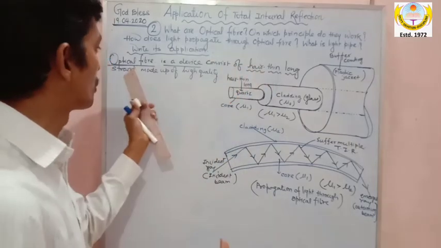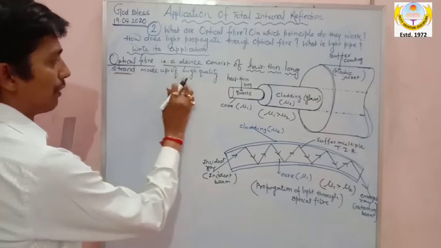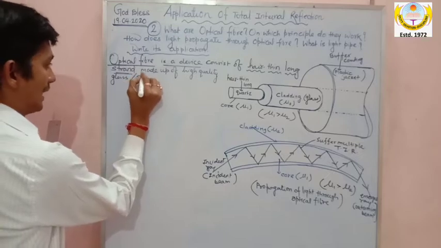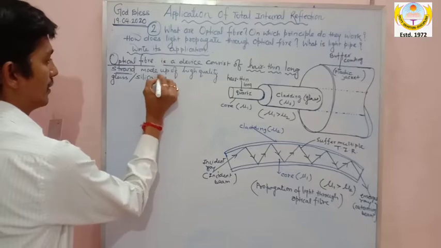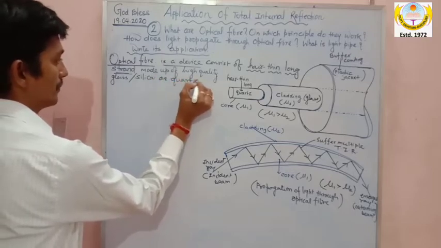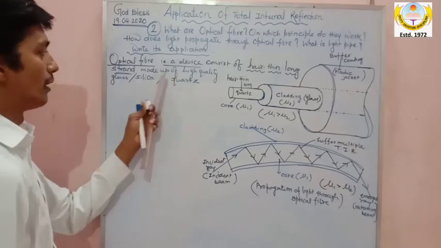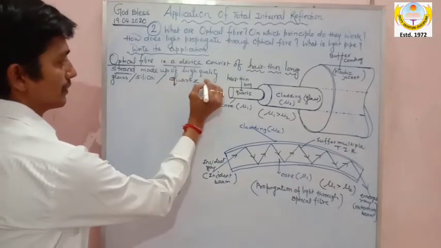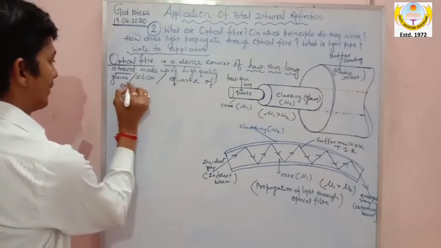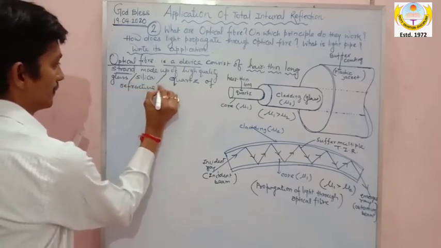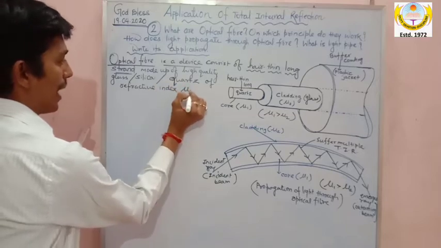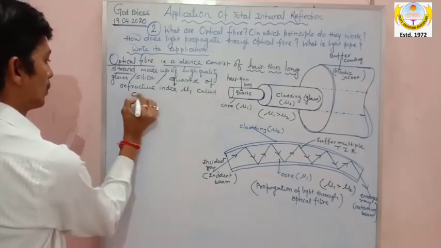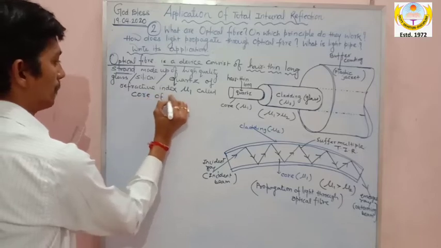It consists of a hair thin long strand made up of high quality glass, silica or quartz, of refractive index mu1, called the core of the optical fiber.